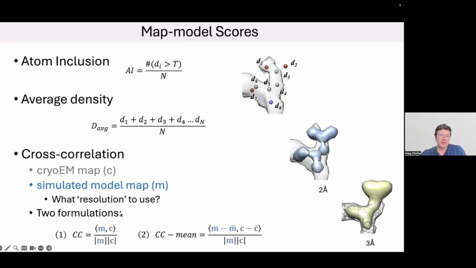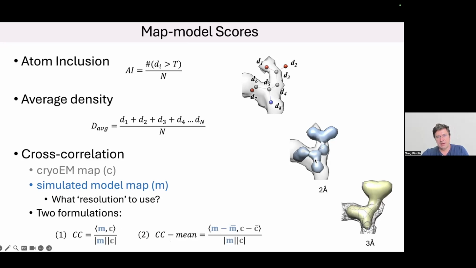The other consideration is that there are two different formulations that are used for cross correlation. There's one where it's just a simple dot product between the map values in the simulated map and the map values in the cryo-EM map. This is just a simple normalized correlation, so you get a value between -1 and 1. There's also another formulation, which is known as cross correlation about the mean.